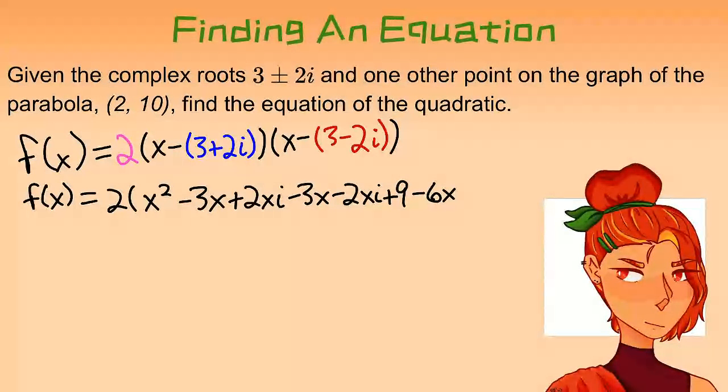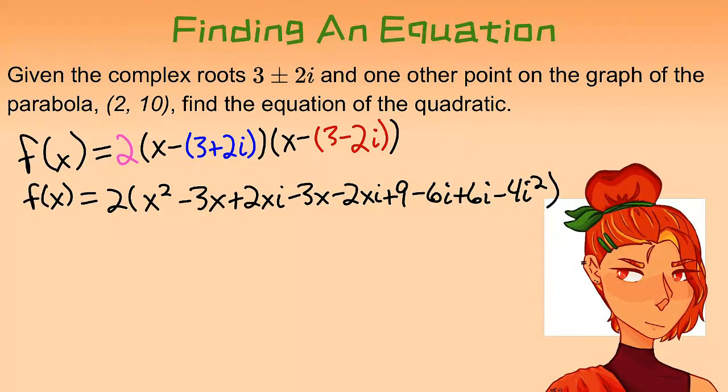This, the 9, this should have been minus 6xi. Sorry. And then this, again, negative 2i times negative 3. Where did this x come from? I am making stuff up. I'm sorry. Positive 6i. Again, let me try that again. So this negative 2i times negative 3 is going to be a positive 6i. I knew that it couldn't be right because these weren't canceling, and they have to cancel. And lastly, negative 2i times a positive 2i, because of these out here, is going to be a negative 4i squared.